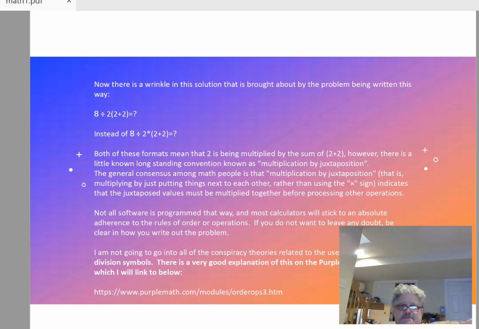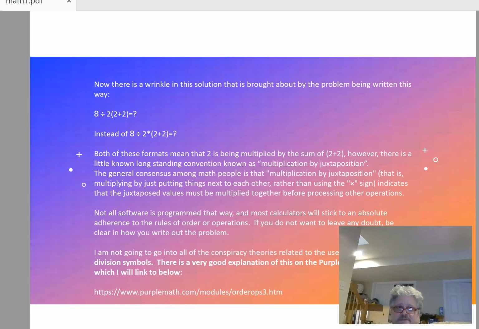Now, there is a little bit of a wrinkle in this problem, only because in the problem that's normally written, they leave out the times symbol. Normally you could use an asterisk or sometimes a lowercase x, whatever, for the times symbol. So instead of having that in here, they're just showing the parentheses. That's an assumed multiplication. Now, there is this weird thing a lot of people maybe never heard of, a long-standing convention known as multiplication by juxtaposition.